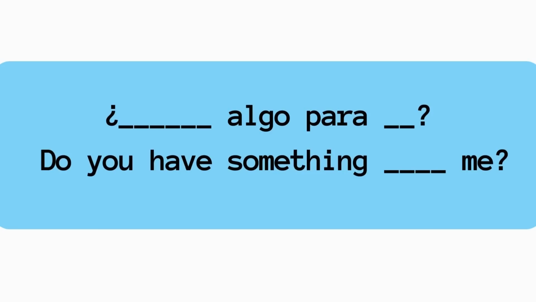The fourth one, so we're looking for, the first gap is do you have? So tienes. ¿Tienes algo para? Do you have something for me? For me. ¿Tienes algo para mí? Do you have something? And the gap there is for me. ¿Tienes algo para mí?